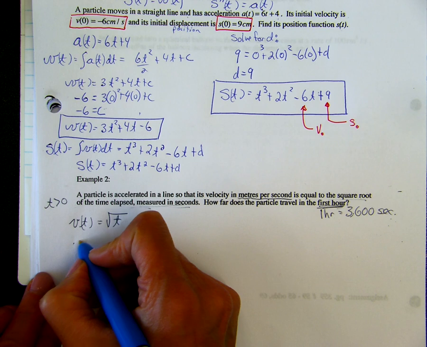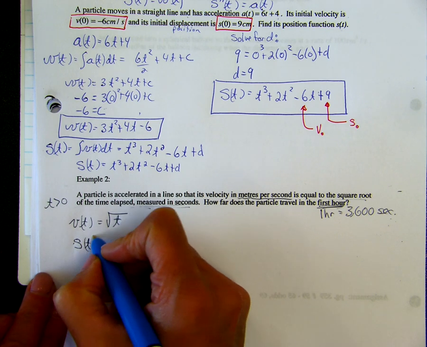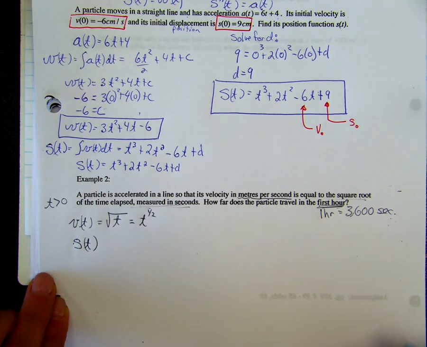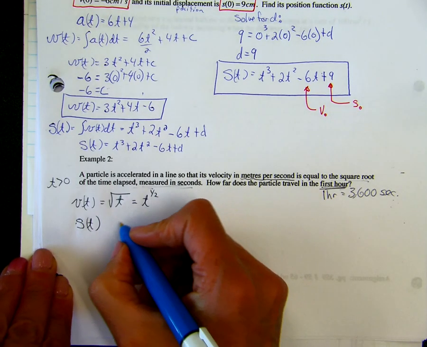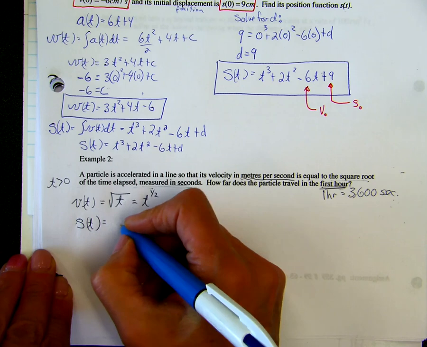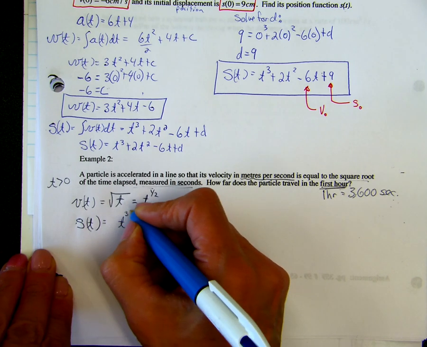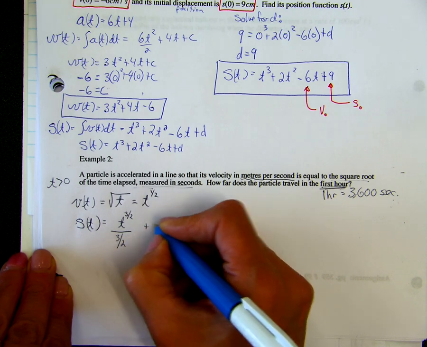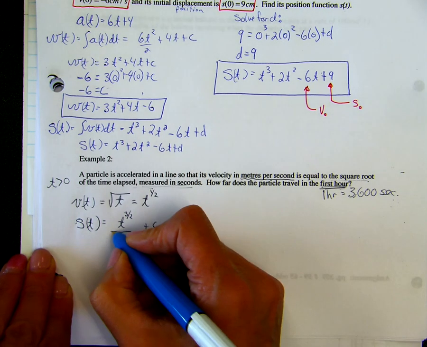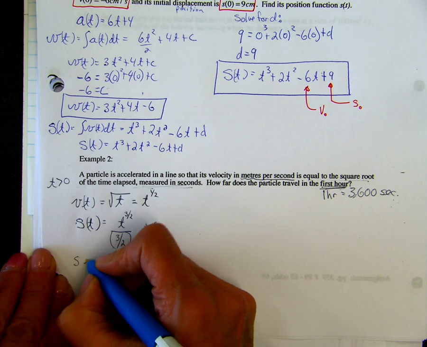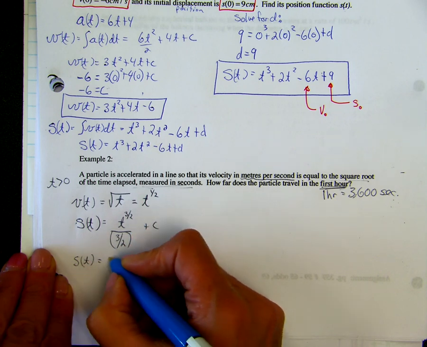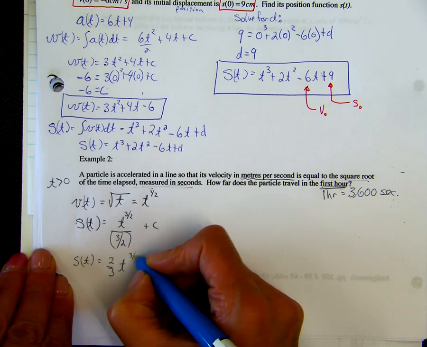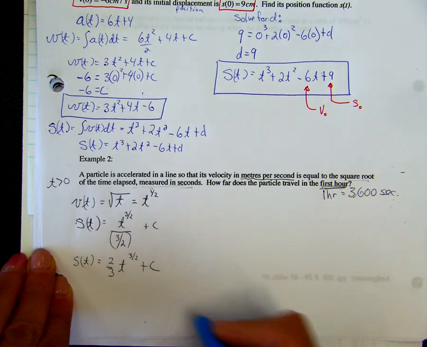Okay, so what is S at t? Well, let's write V at t this way so that we can use power rules. The antiderivative of t to the 1/2, add 1 to the exponent, t to the power of 3 over 2, divided by the exponent, plus a constant. And a fraction in the denominator means we've got 2 over 3 t to the power of 3 over 2 plus a constant.